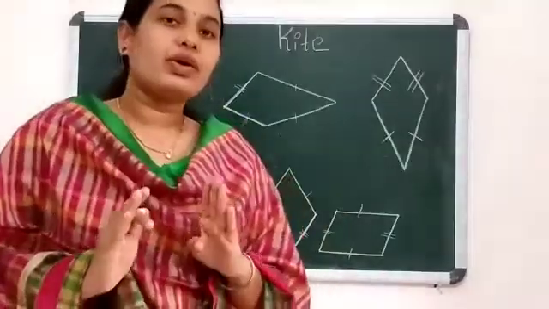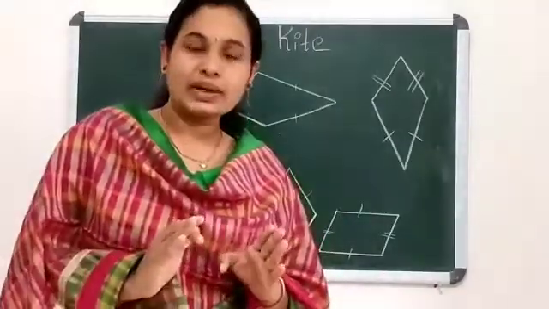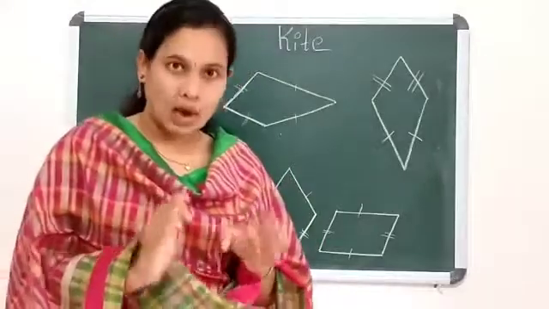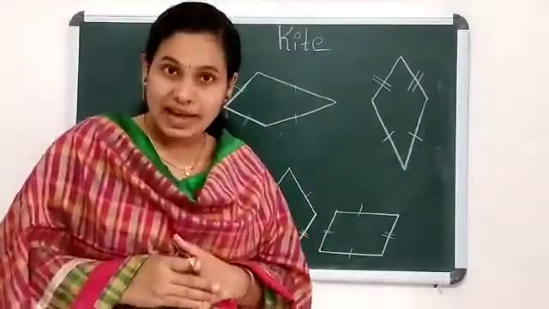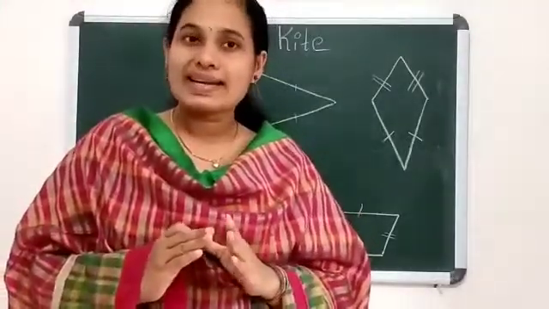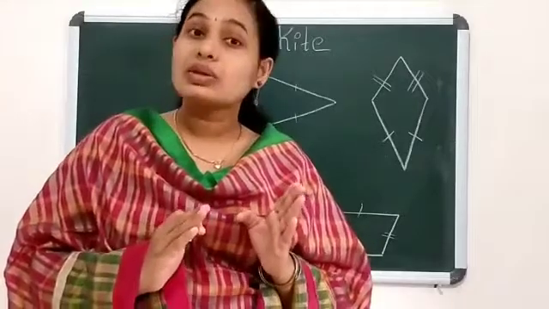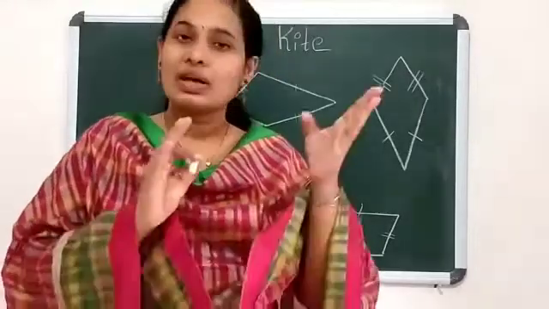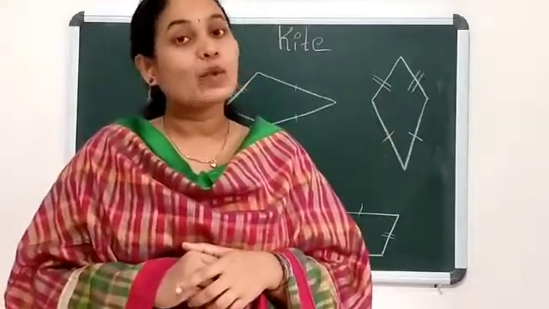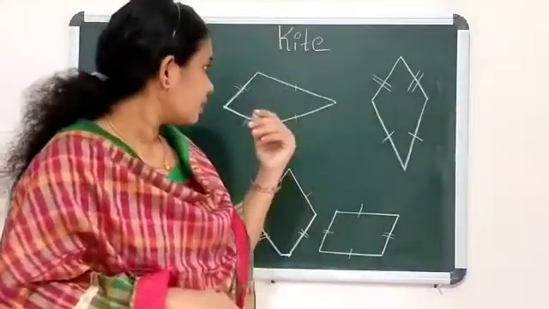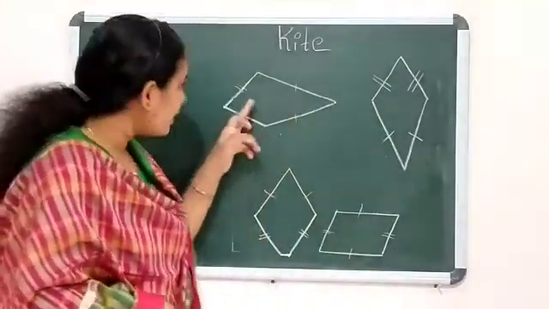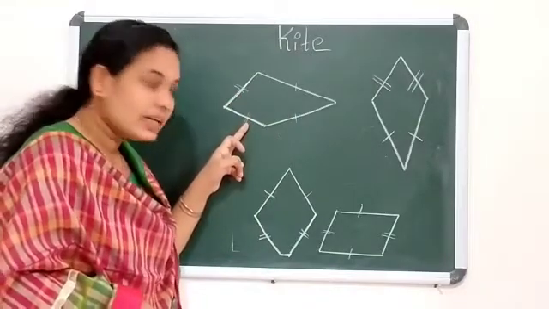Now, we are going to discuss the kite. A kite is also a quadrilateral. What is the specialty of a kite? A kite is a quadrilateral having exactly 2 consecutive pairs of sides of equal length. Here you can see that these 2 sides have equal length.